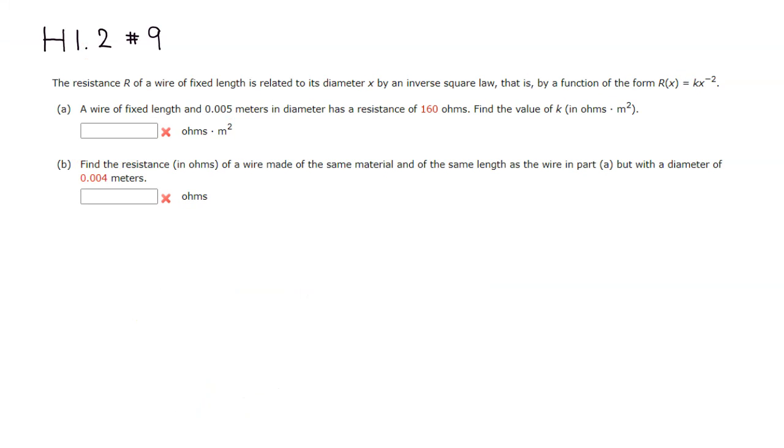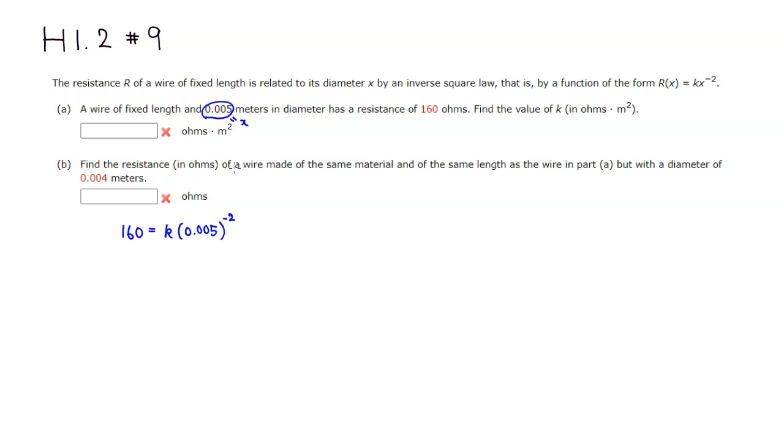The R value is 160, so 160 is plugged in for R, and K is what we don't know. Then X is 0.005, so this is the X value. We put 0.005 raised to the negative 2 power.